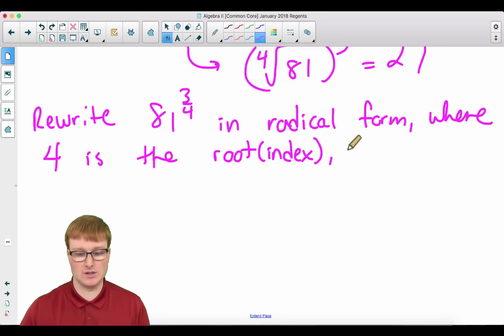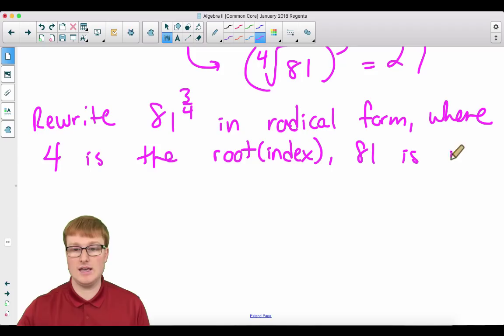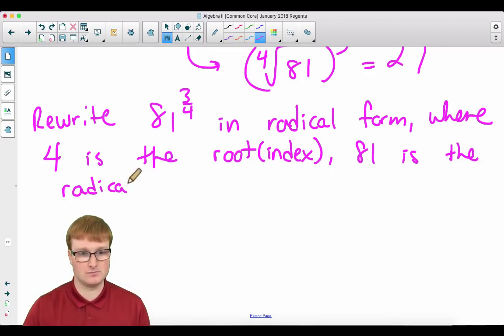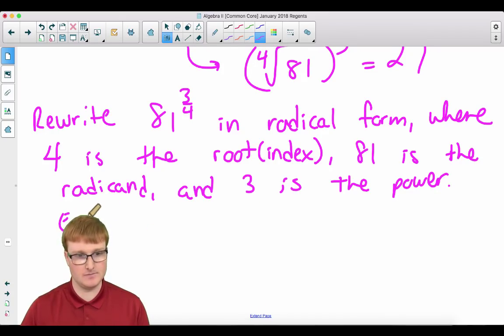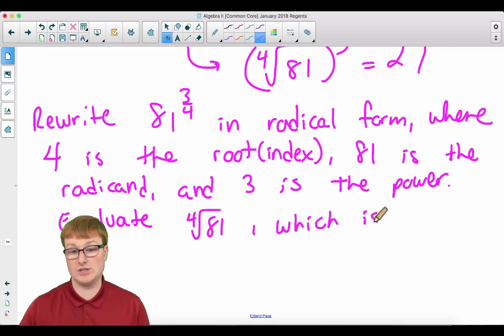You could write either, it doesn't matter to me. 81 is the radicand, and 3 is the power. So you're going to first evaluate the fourth root of 81, which is 3.